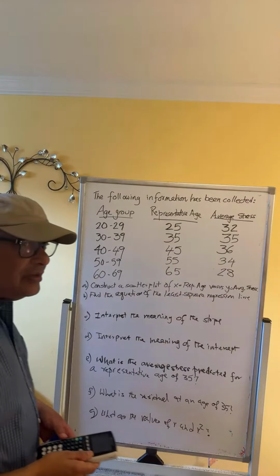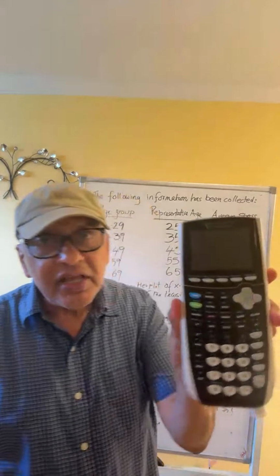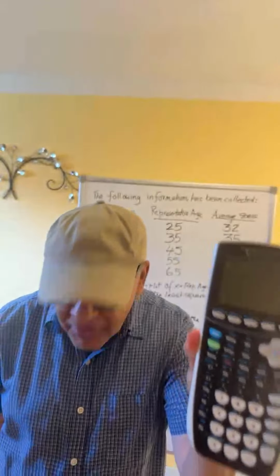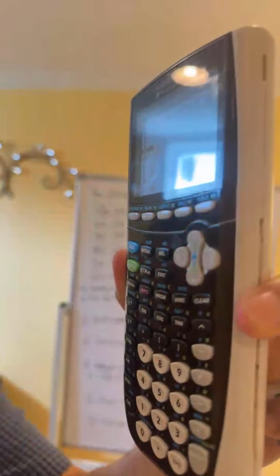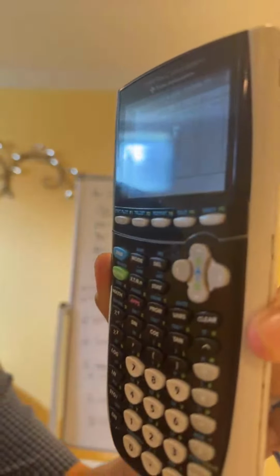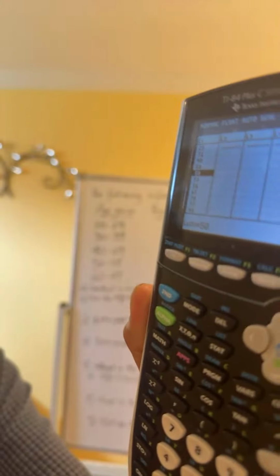The first thing we will do with the TI-84 calculator is to clear the memories of the calculator. As you can see, there is information in L1 in my calculator. L1 stands for list 1.